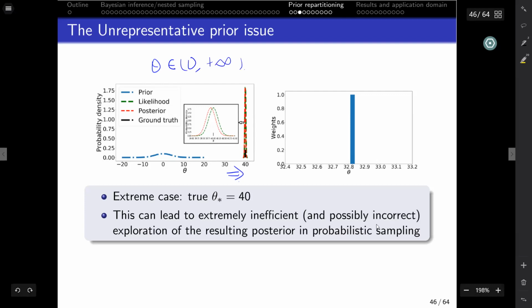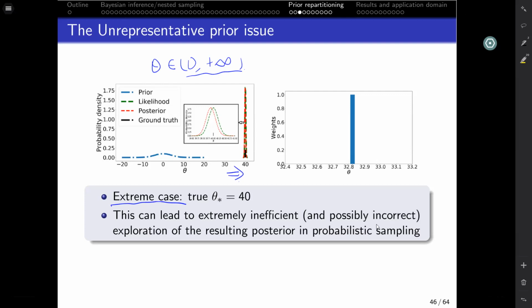Although infinity might be too far, it's the physical region in most kinds of problems. Moving this to 40 or 50 or beyond, we call it an extreme case. In most of these probabilistic sampling algorithms, it might just fail.